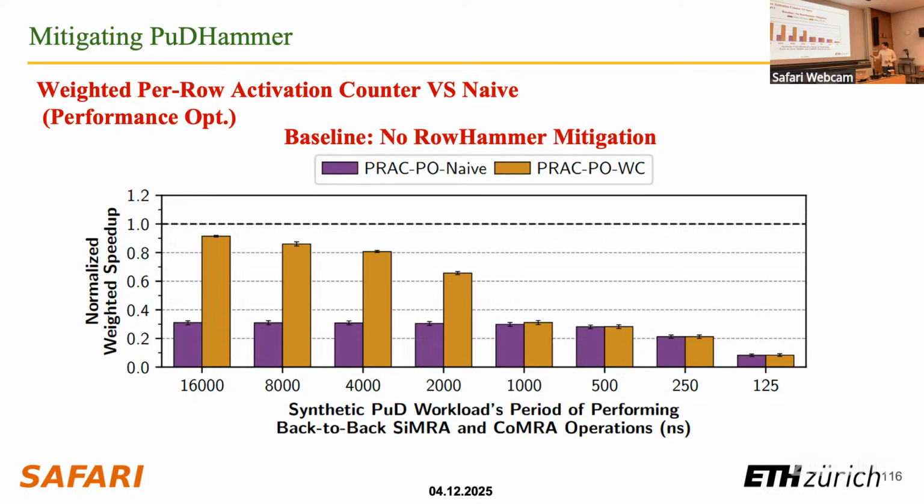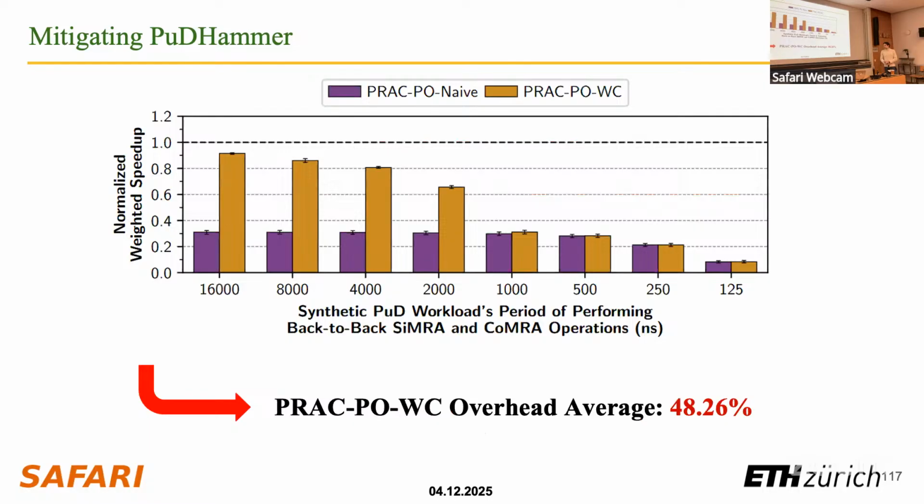So these numbers down here are how often, so every 125 nanoseconds, for example, for this one, we would execute back-to-back CIMRA and COMRA operations. So over here, we have the very high load, and here we have the very low load. And on average, this incurs an overhead of 48.26%, which is too much.